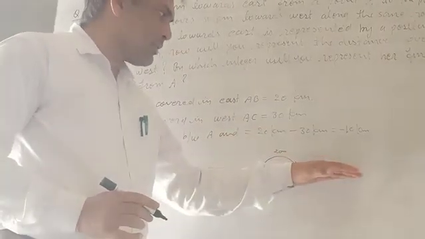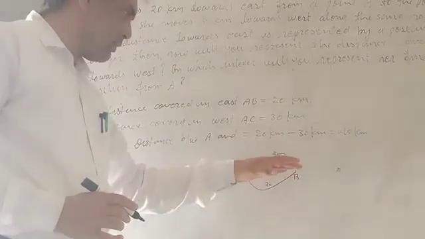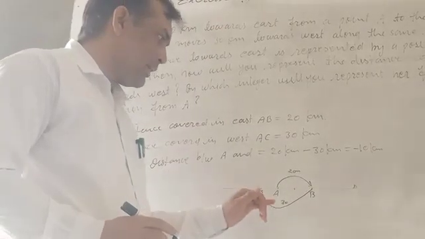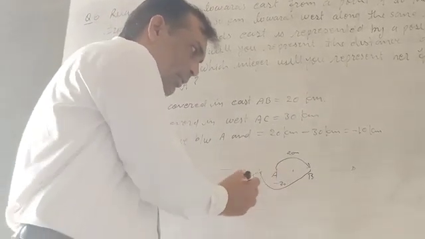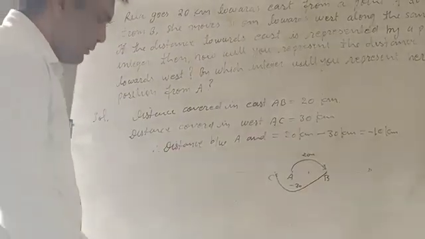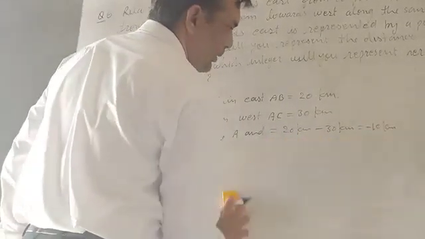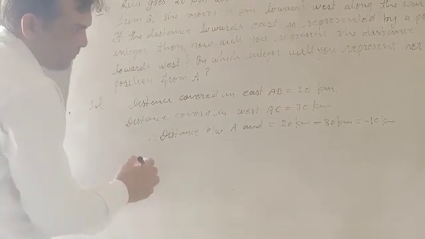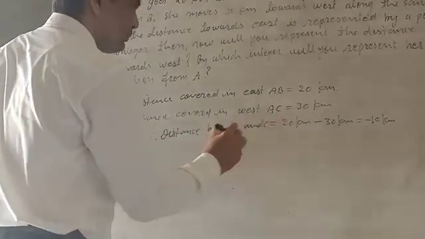Movement in the right direction is denoted by a positive integer, and distance covered on the left hand side or west side is denoted by a negative integer. Therefore, the final position of Rita will be minus 10 kilometer from A.